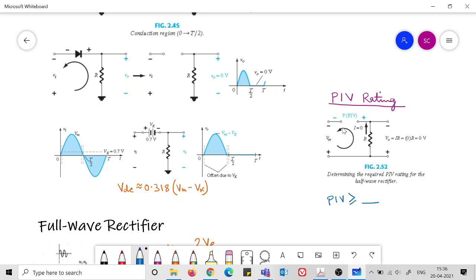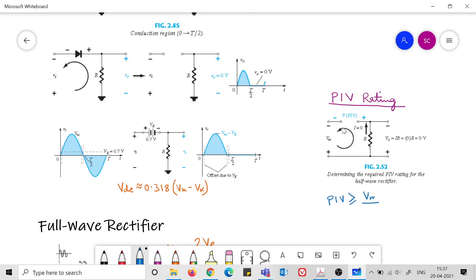With the knowledge of these two voltages, you would be able to calculate this voltage, because there is KVL at your disposal. So always use the KVL. Using the KVL, you are able to understand that the maximum reverse bias voltage appearing here is also Vm.